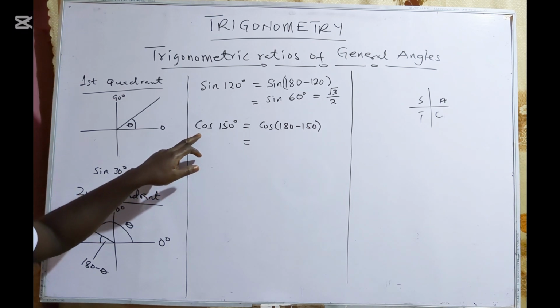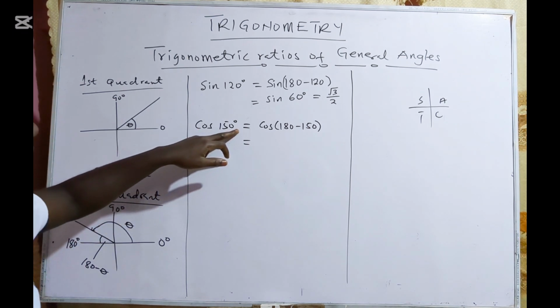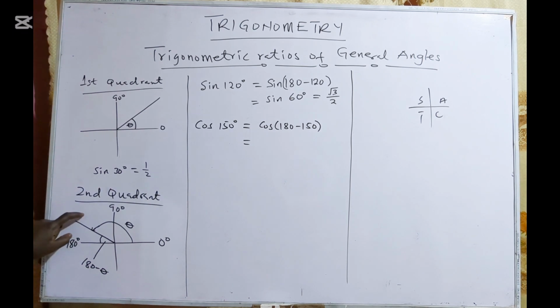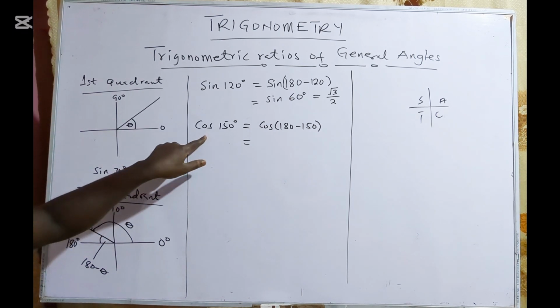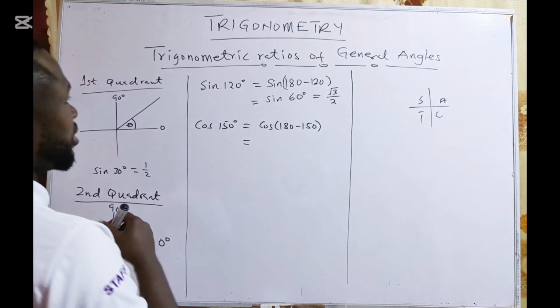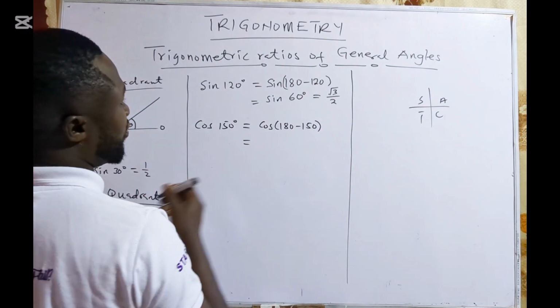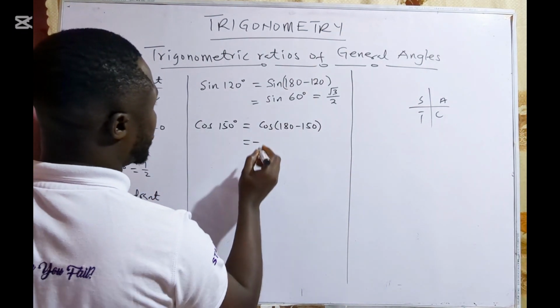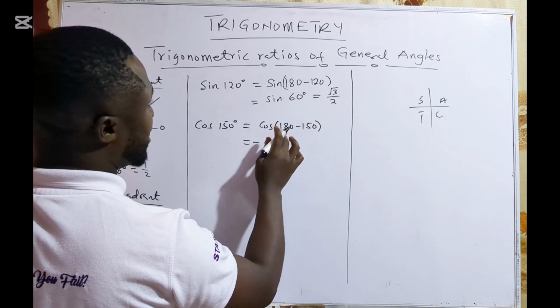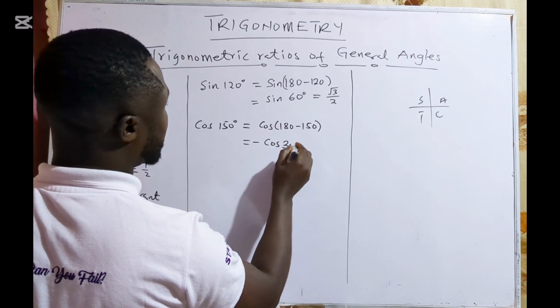I'm using cos, and the angle is 150, which is in the second quadrant. Cos is negative in the second quadrant. So the moment you write this, before you write the acute angle, make sure you put the negative behind, because cos is negative in the second quadrant. And 180 minus 150 will give me 30.